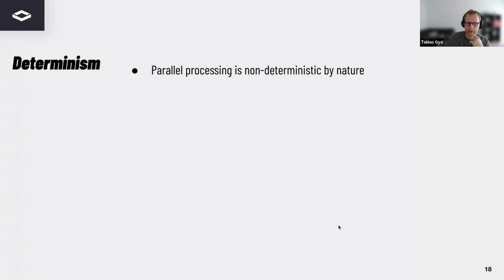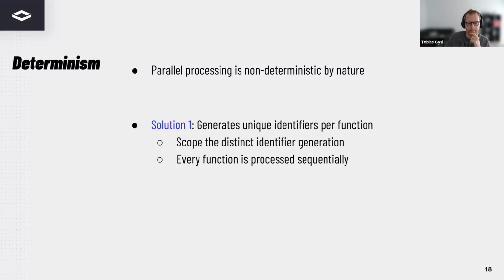Determinism is handled a bit differently in these two cases. So parallel processing is non-deterministic by nature. So you need some other trick to get determinism. In solution one, where we had this sequence attribute, the trick is that we scope the identifier generation to the function, and we assume the parallelism is only across functions, but not inside the function.